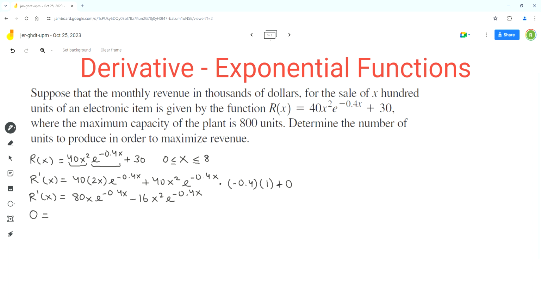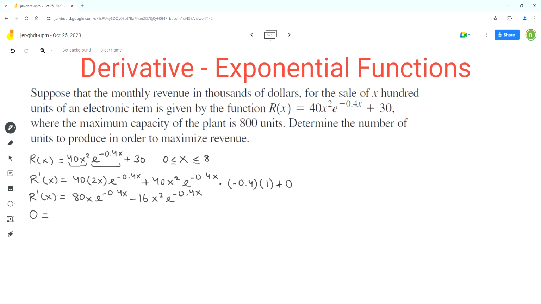Now we have to solve this equation, so we can do common factoring. So we can factor out 16x and then e^(-0.4x) from both terms.